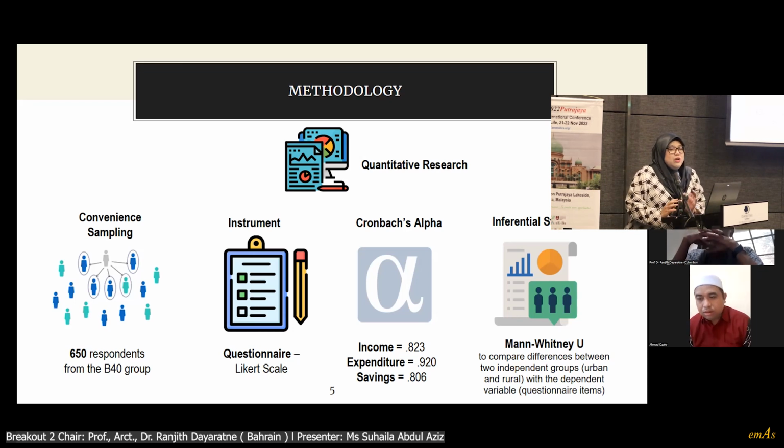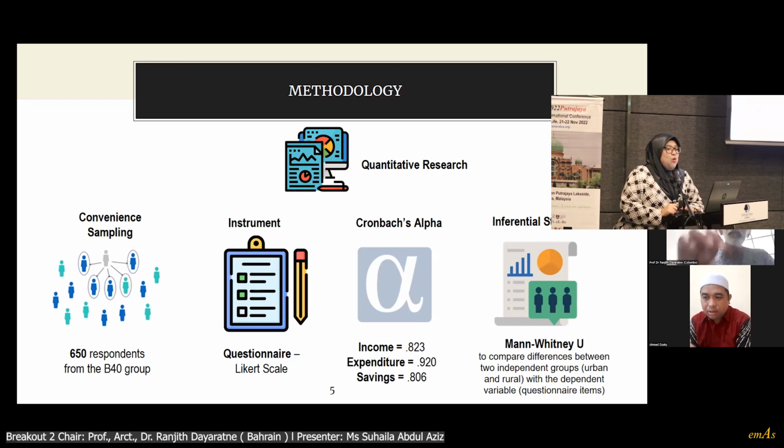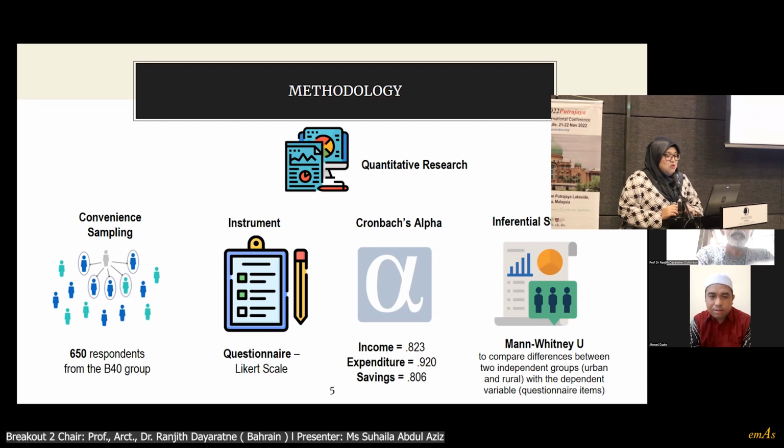Now for this research, we did our data analysis. We use inferential statistics, which is Mann-Whitney U. It sounds like Whitney Houston, but it's not. So what is actually Mann-Whitney U? We try to compare the differences between two independent groups.